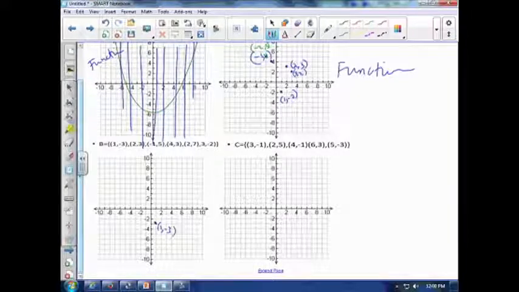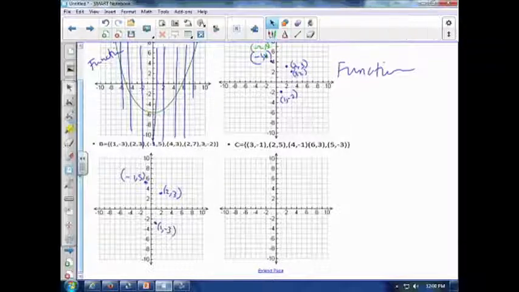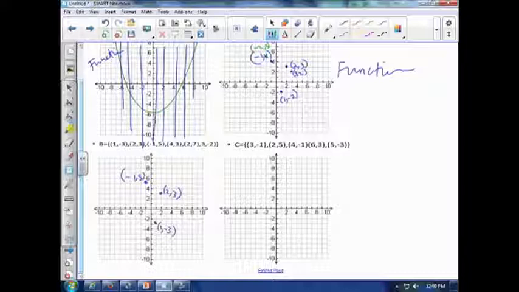2 and 3. Negative 1 and 5 is right there. 4 and 3 is right here. I'm going to use a different color to show it.